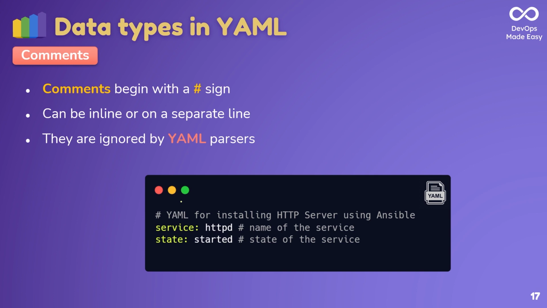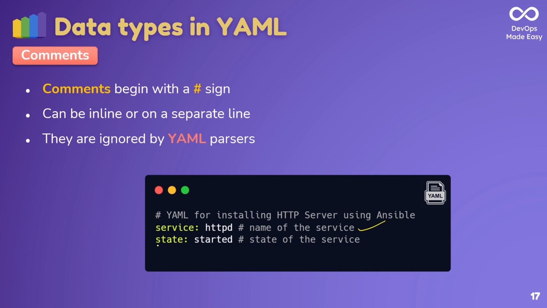In the example shown here, service is the key and httpd is the value, and here I've mentioned with a hash, this is the name of the service. So this name of the service, with hash as the beginning, becomes a comment. These are known as inline comments because on the same line I have given the comment.